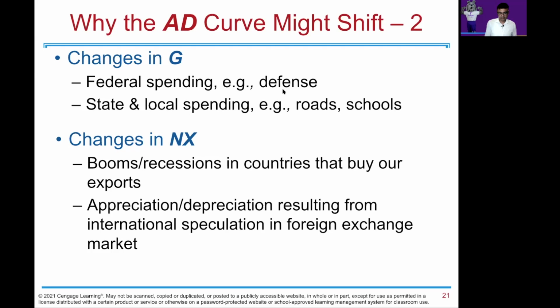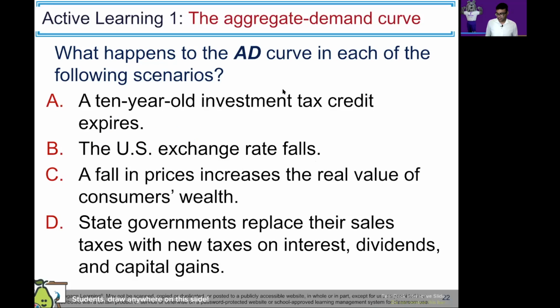Okay, so let's do this activity. Take a screenshot or take a picture, and we'll solve the problem in the next slide. What happens to the aggregate demand curve in each of the following scenarios?